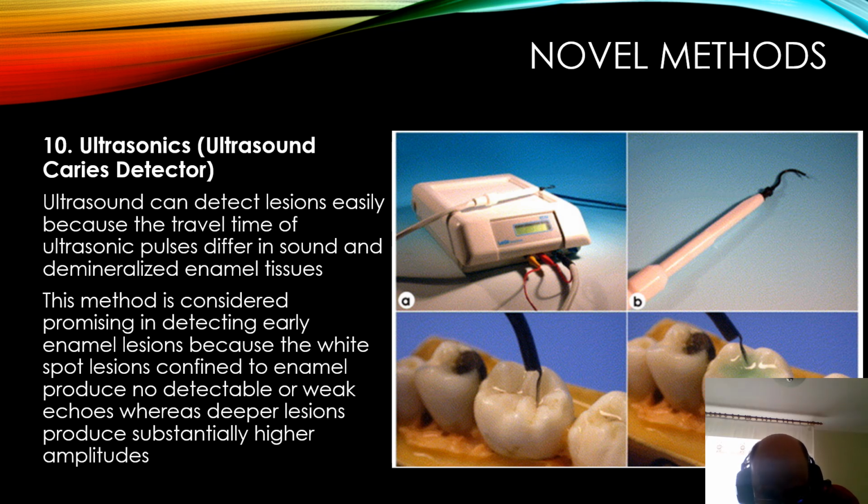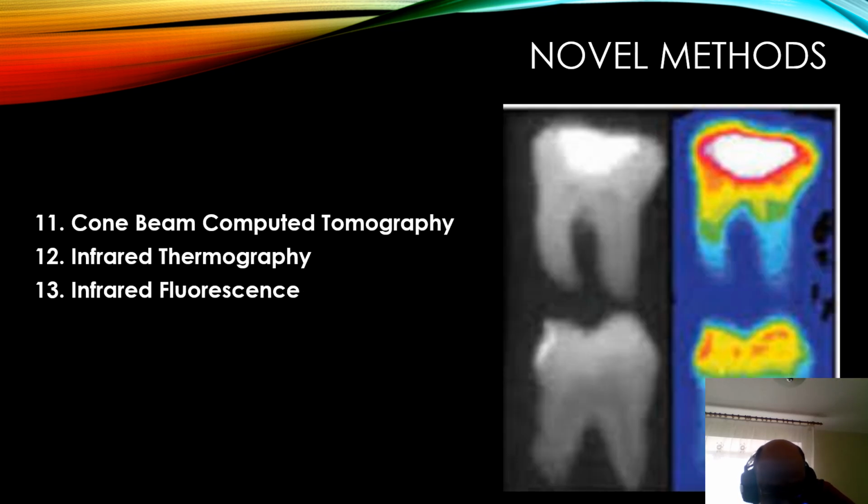This method is considered promising in detecting early enamel lesions because white spot lesions confined to enamel produce no detectable or weak echoes, whereas deeper lesions produce substantially higher amplitudes. And traditional X-ray methods like cone beam computed tomography. We can use infrared thermography for caries diagnostics and infrared fluorescence.